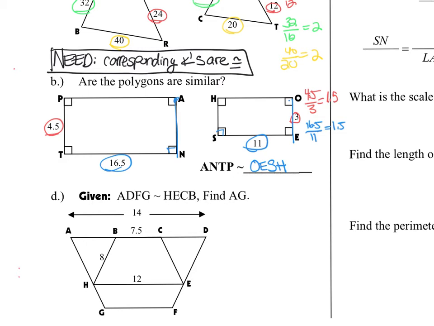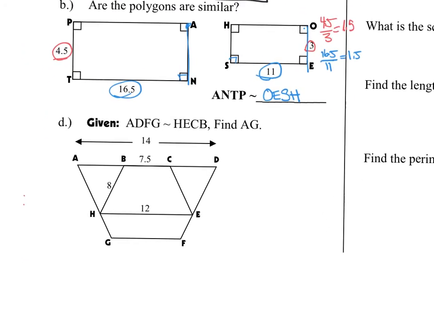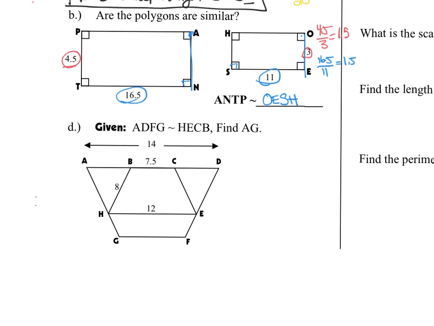All right, so let's take a look at example D. Example D, we are given ADFG, and I'm going to do this in color just so it helps me see. ADFG, so that's what is in yellow.